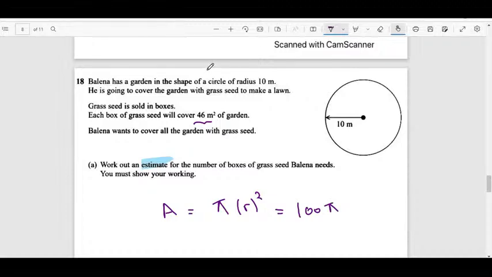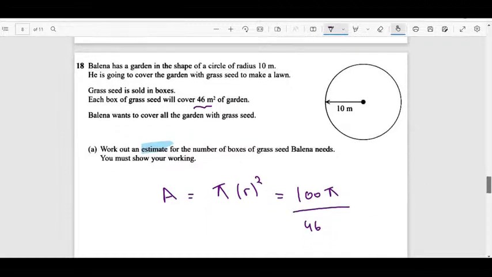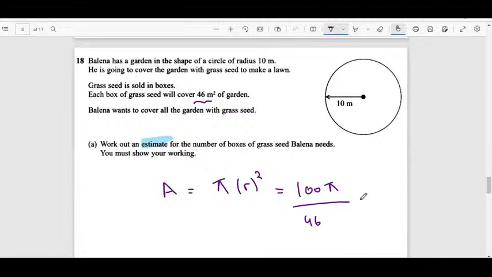Okay, so 100 pi is basically the number, and now I need to divide it by 46. When you solve this, you are going to get 6.8 something.